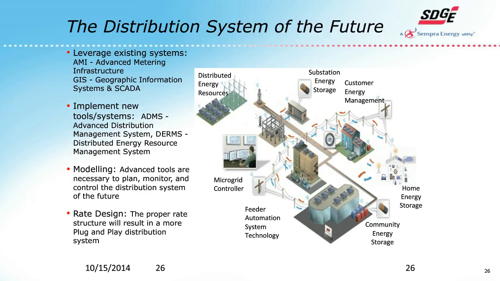So, from a distribution perspective, this is a typical diagram: two-way power flow, distributed energy resources, whether it be in the home, commercial buildings, or standalone systems, storage, whether it be at the substation or distributed, or even in customers' homes. And then how do we leverage systems that we've put in place? Our existing AMI system, which originally was built for billing, but now we're looking at it to say, you know what, we want to do more than billing, okay?